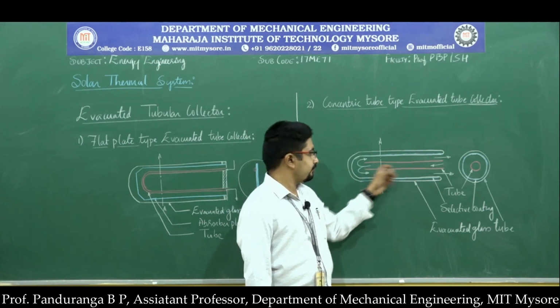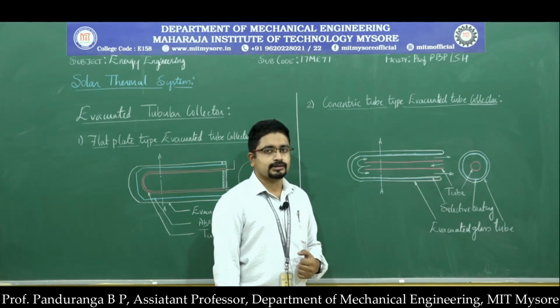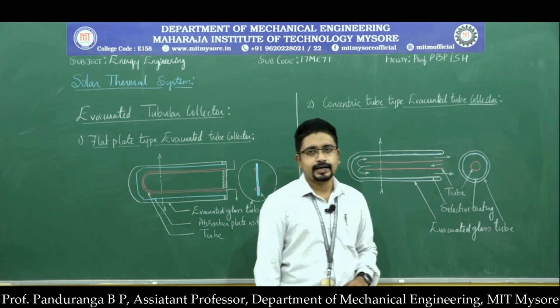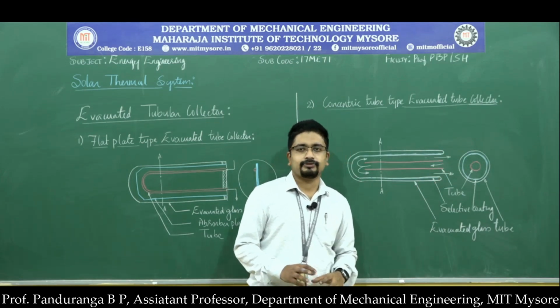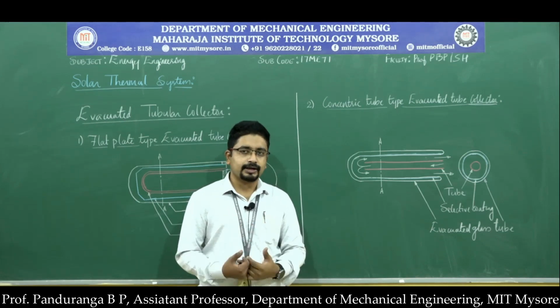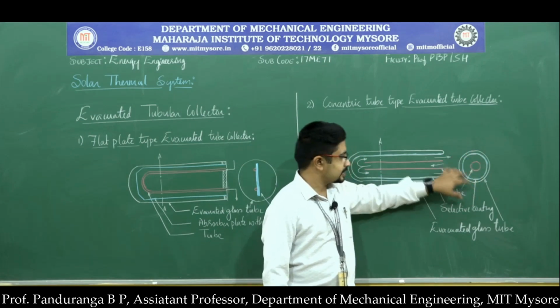As the water flows through these passages, it absorbs a large amount of heat energy, and that will be stored in an overhead tank. The overhead tank arrangement will be similar to the flat plate collector, only instead of using a flat plate collector we are using an evacuated tube. Here you have the cut section of that.